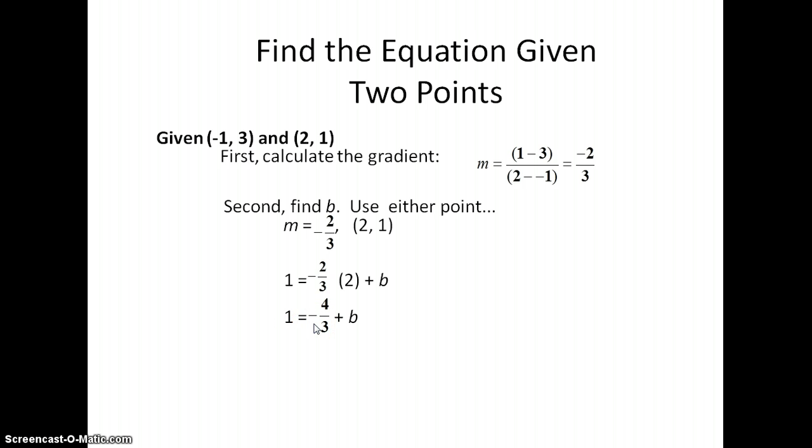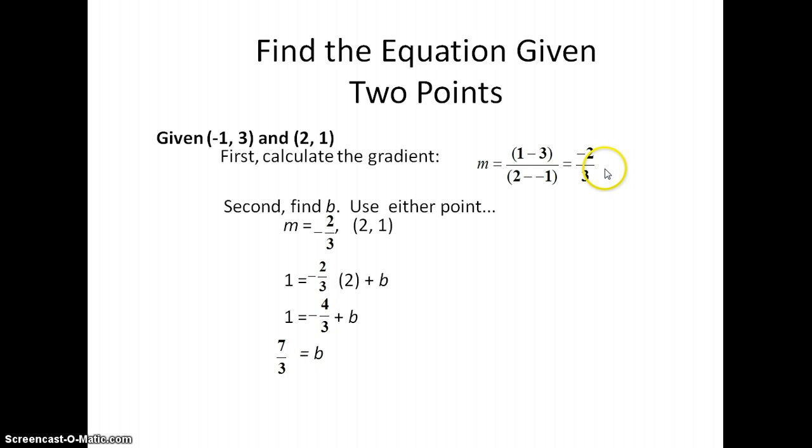By rearranging, you add 4/3 on both sides. It's going to be 1 plus 4/3, which is 7/3, equals b. So now you know the y-intercept.